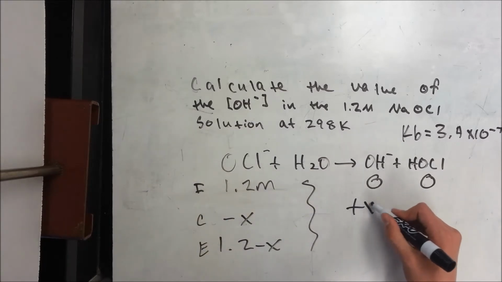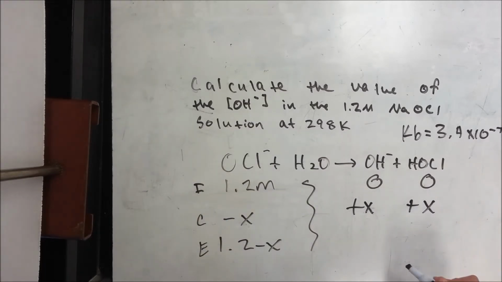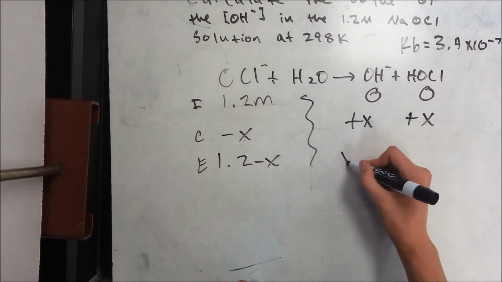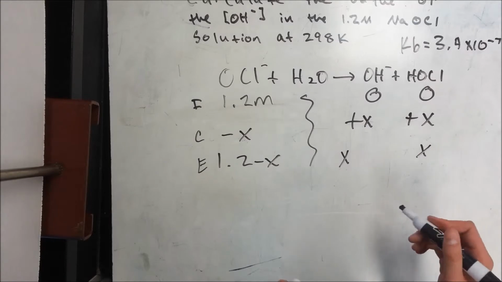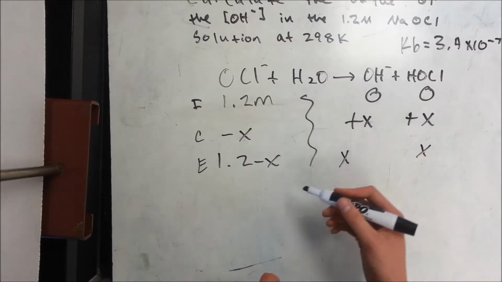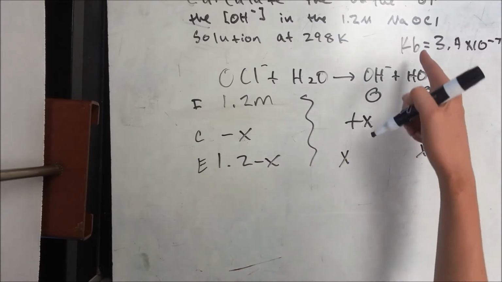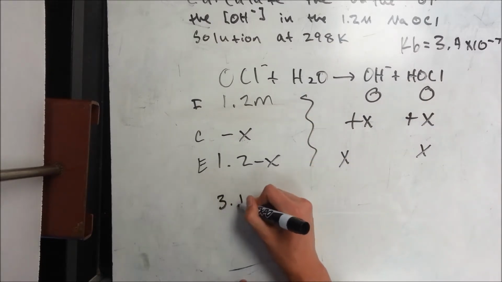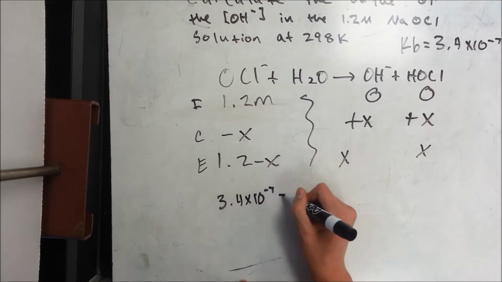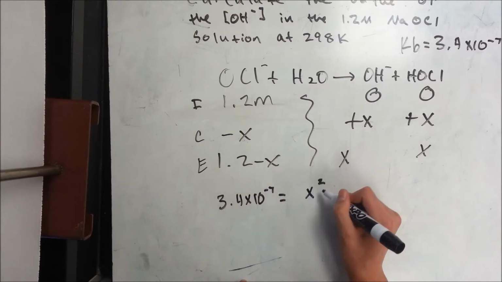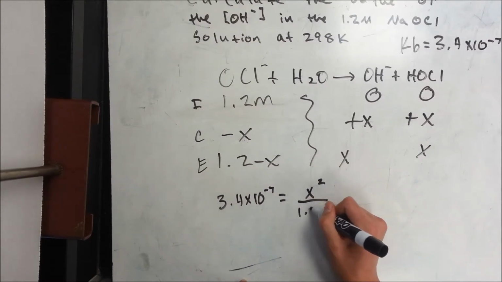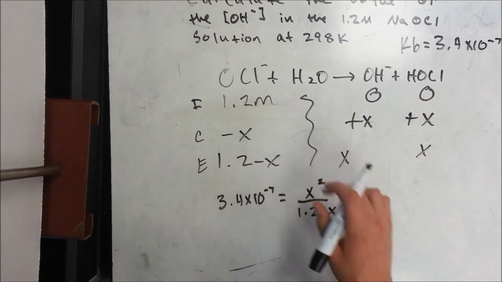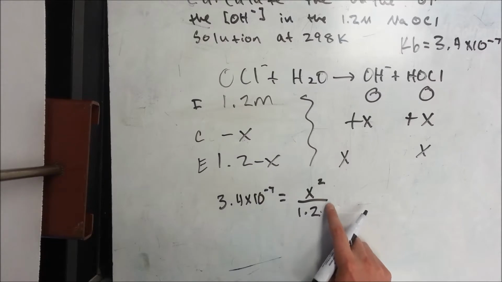The change is plus X for both OH minus and HOCl, and at equilibrium, it's just going to be X and X. So we set products over reactants equal to our Kb value: 3.4 times 10 to the negative 7th is equal to X times X, which is X squared, over 1.2 minus X. Using the 5% rule, we can ignore the minus X, so it just becomes 1.2.